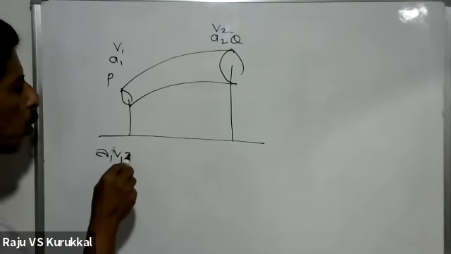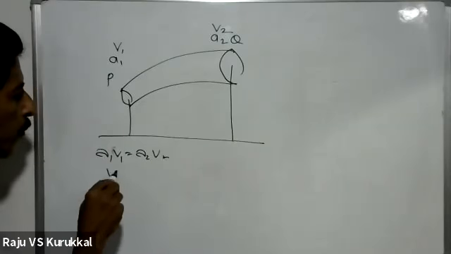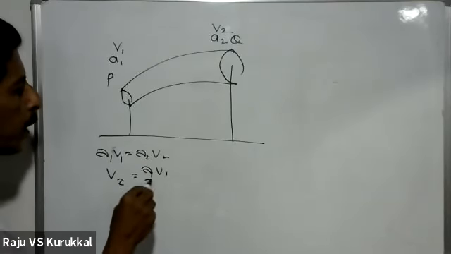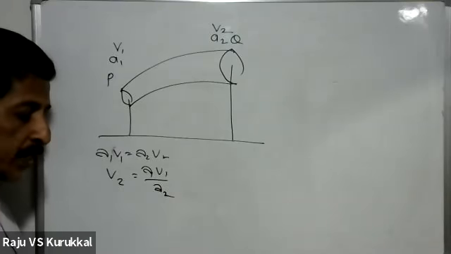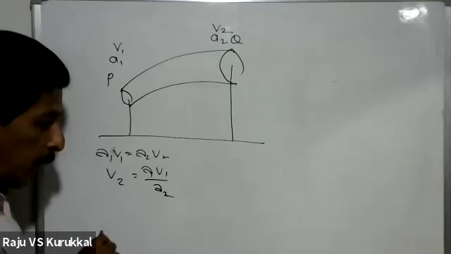A1 V1 equals A2 V2, therefore V2 is equal to A1 V1 divided by A2. Simplifying this, we get the answer 1.